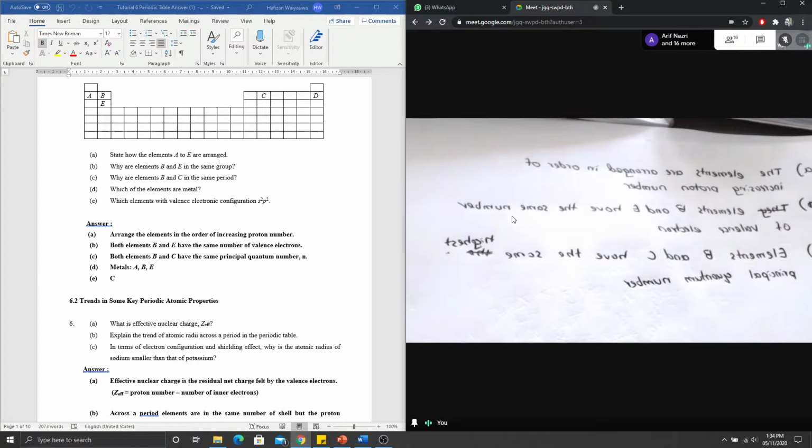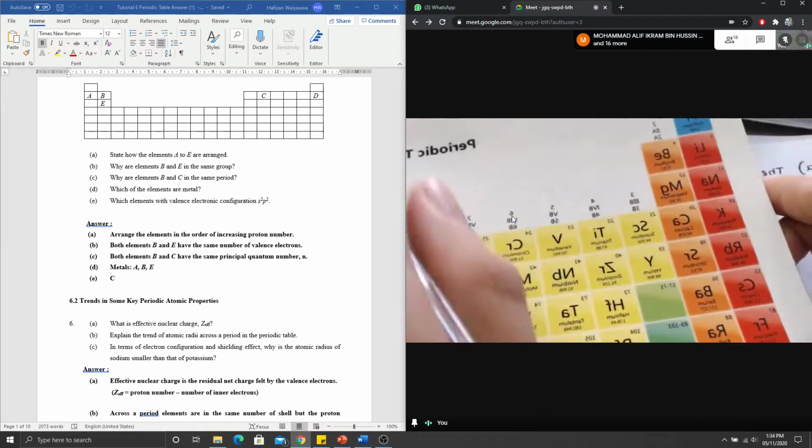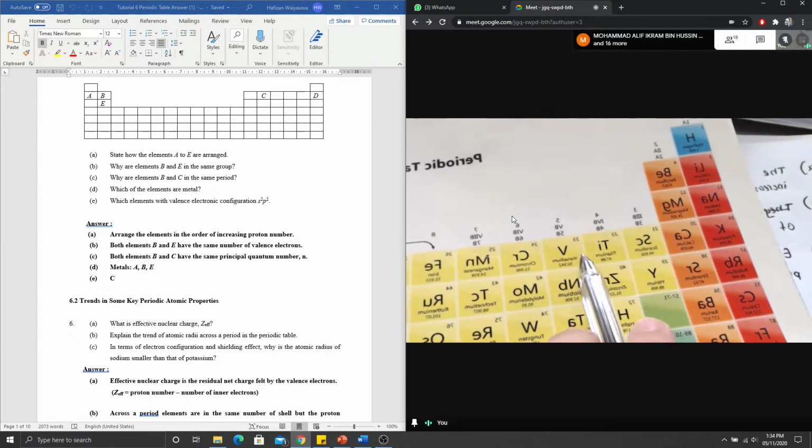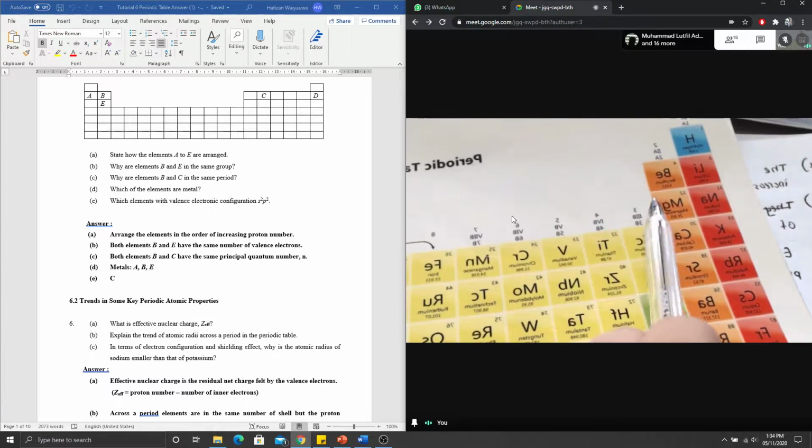Sebab kalau you tengok dekat D block, okay, D block means the last electron you fill is dekat D. Okay, in fact, dah salin dah ni. Dah salin ke belum? Dah. Okay, in fact, this one, the last electron kita fill is dekat 3D. Okay, kenapa dia duduk dekat period 4?